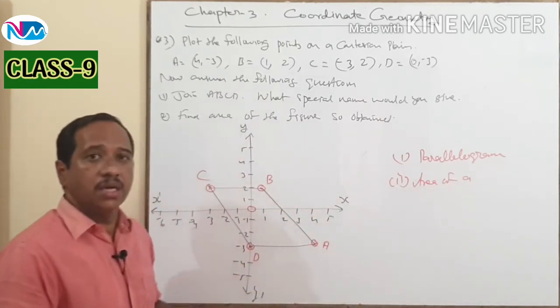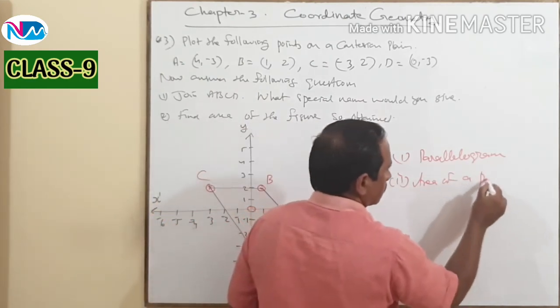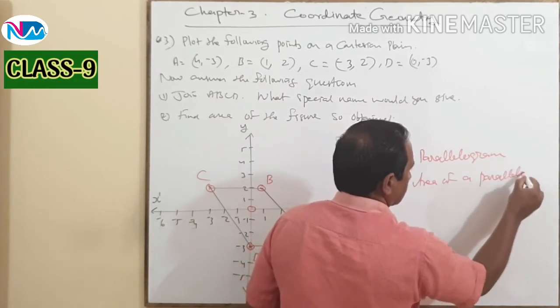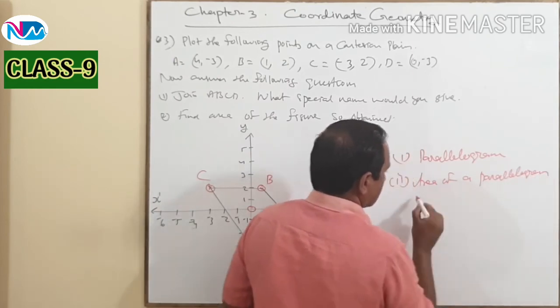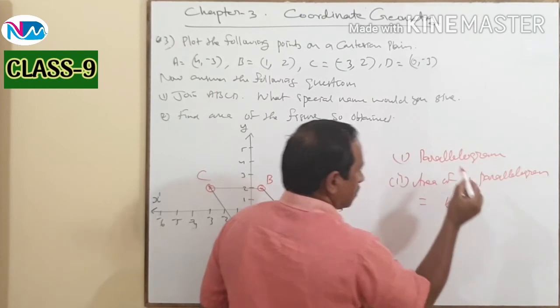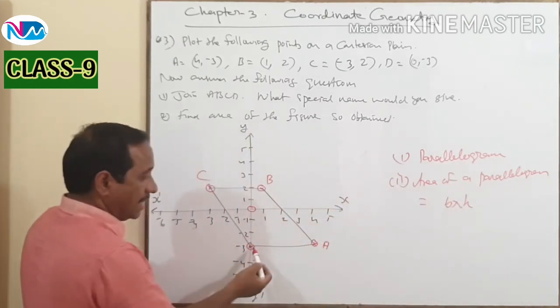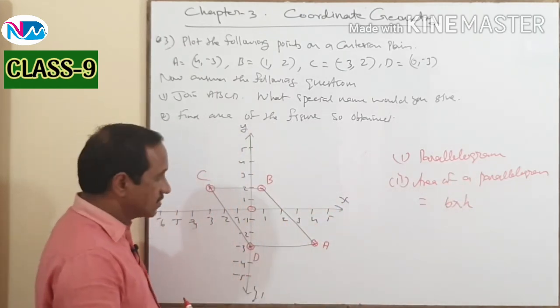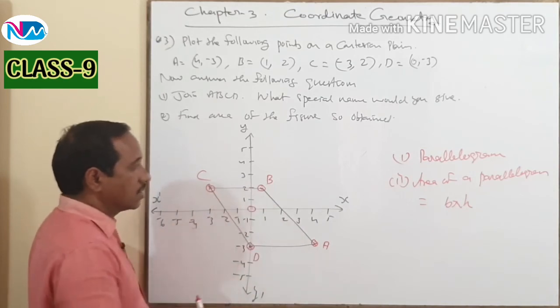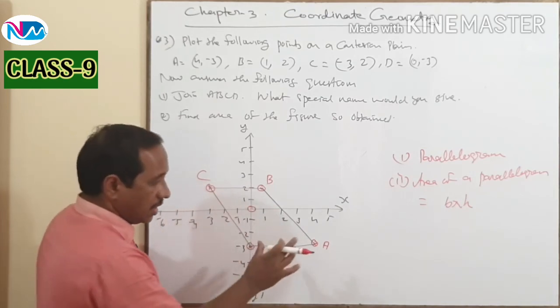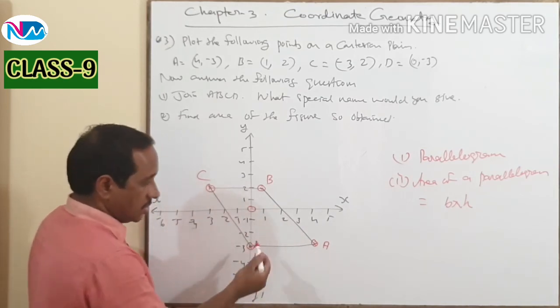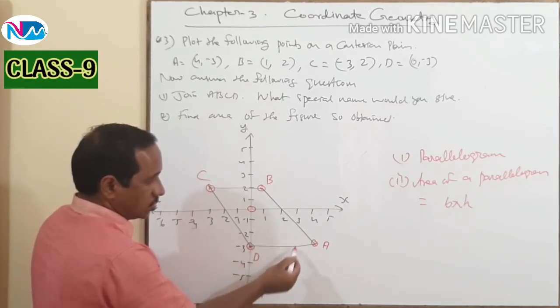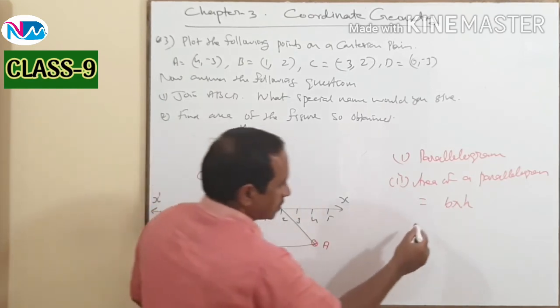You know that area of a parallelogram is equal to base into height. AD can be considered as the base and this is the perpendicular distance. The length of AB is 0, 1, 2, 3, 4 units.